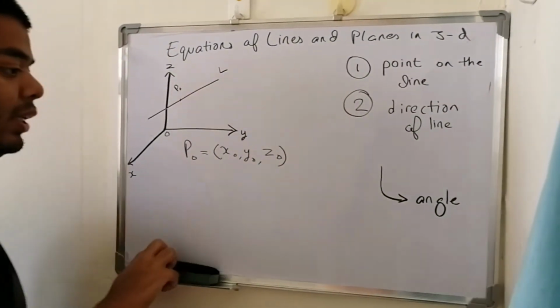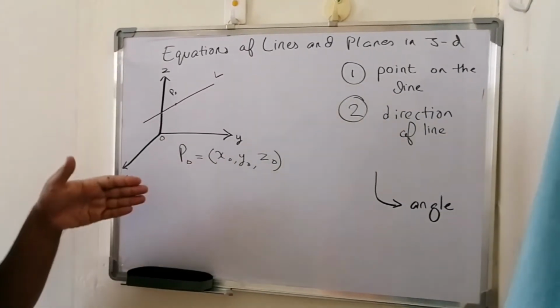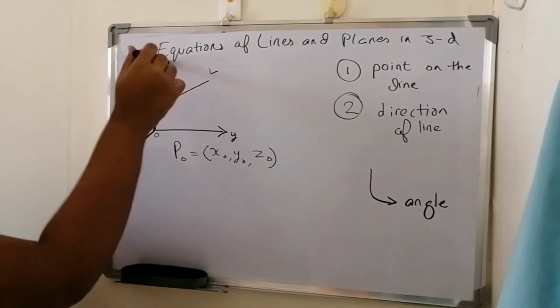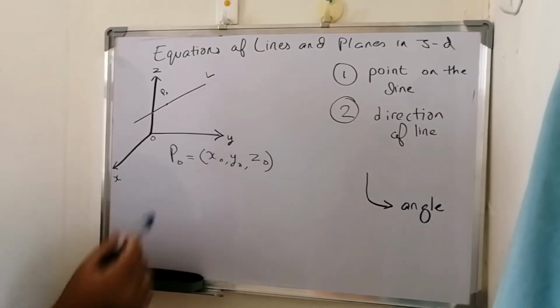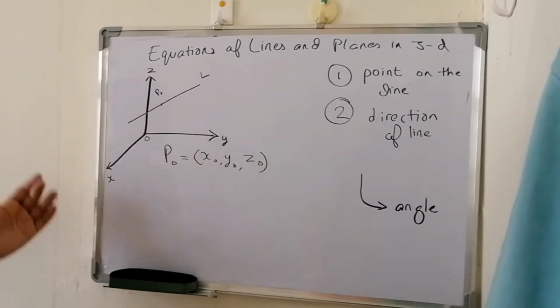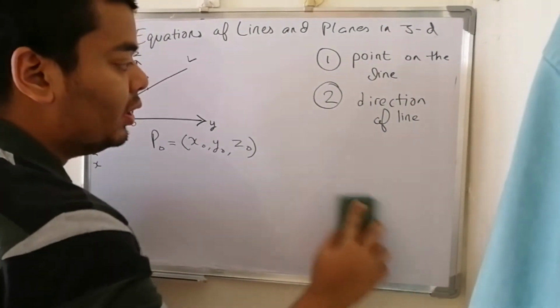Now the angle is also not possible because the angle through which axis? Sometimes the line is passing through all three planes, the zy plane, the zx plane, and the xy plane. So the angle on which axis? It's making several angles. So we really cannot even play with the angle of lines in three dimensions.